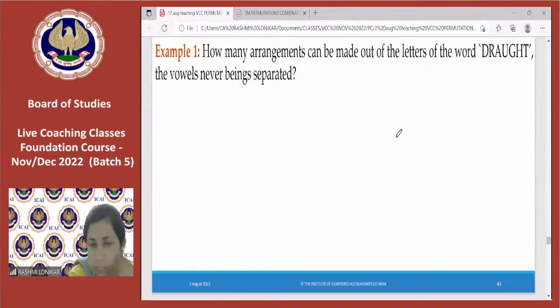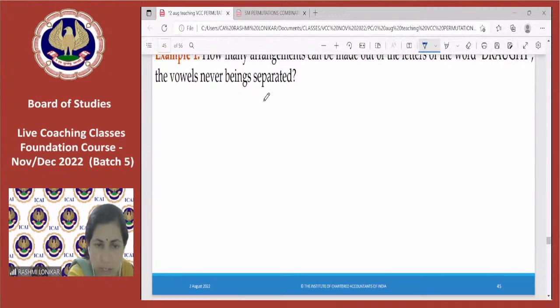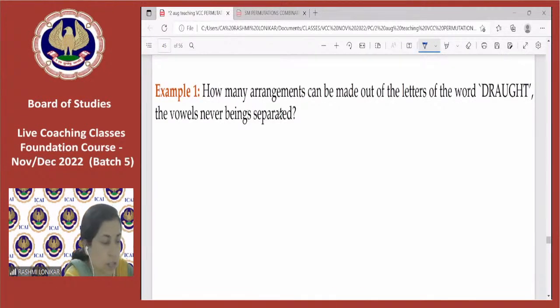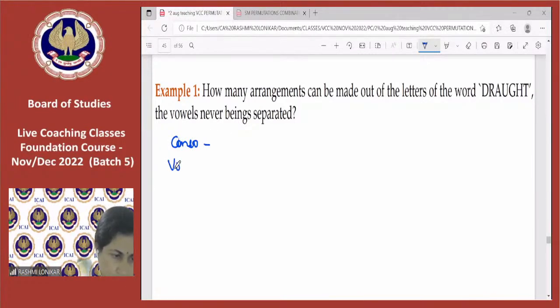How many arrangements can be made out of the letters of the word drought, the vowels never being separated? Again, we have to separate consonants and vowels.